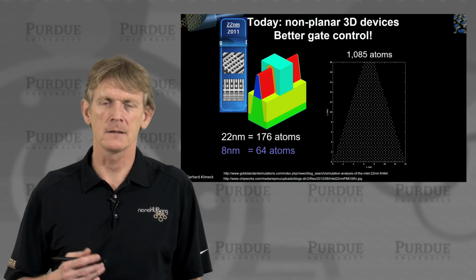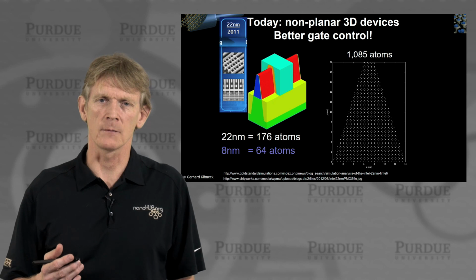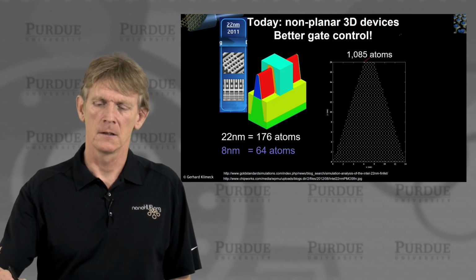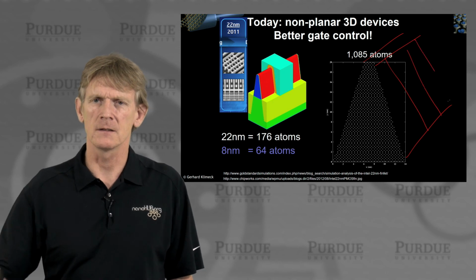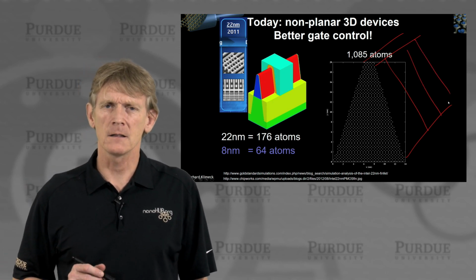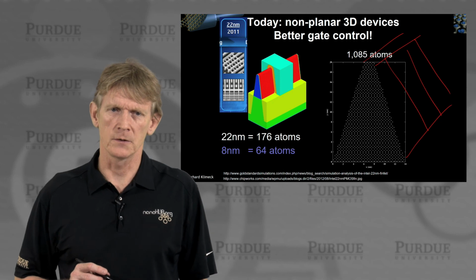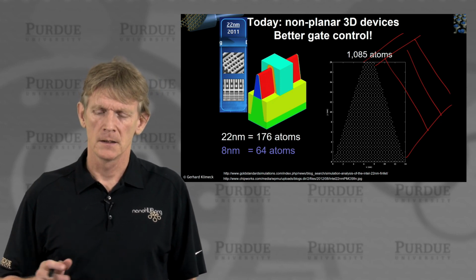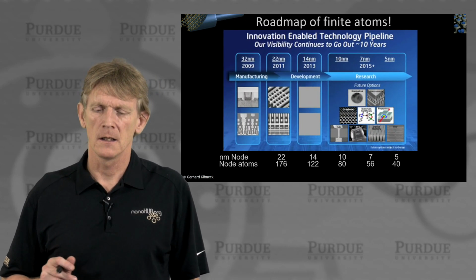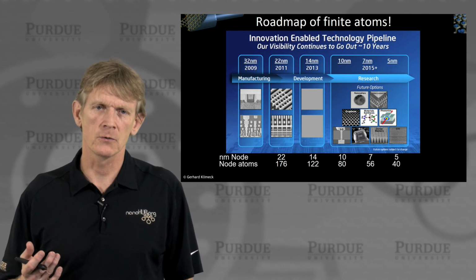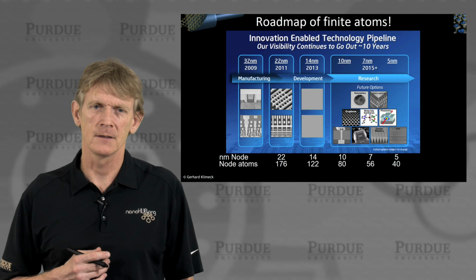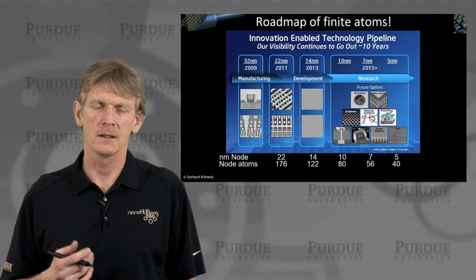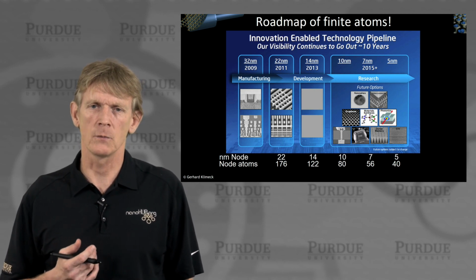Again, this is not 10 to the 23 anymore, even if you repeat it in 3 dimensions like this. That number of atoms is still very countable. And that's the challenge that we pursue in my research group, where we build tools that help understand transport in devices that are atomically small.